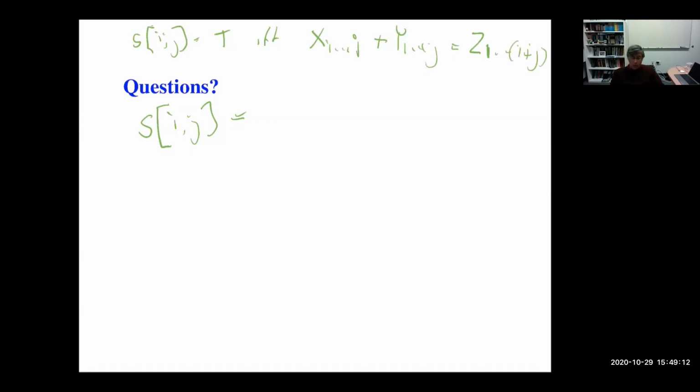That's what we're looking for. Can anyone give me a recurrence relation to compute this function? A recursive idea.